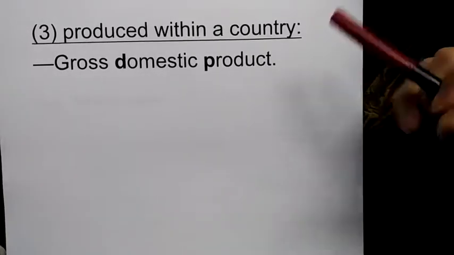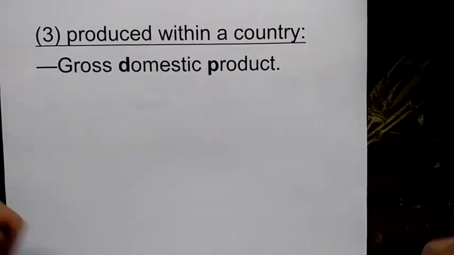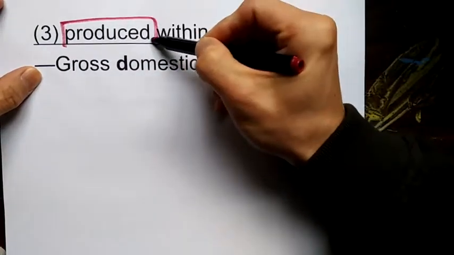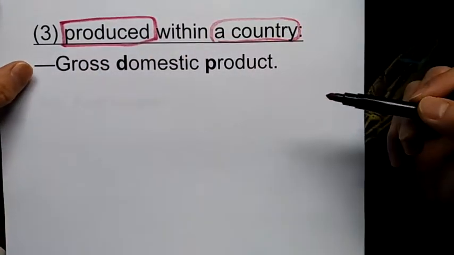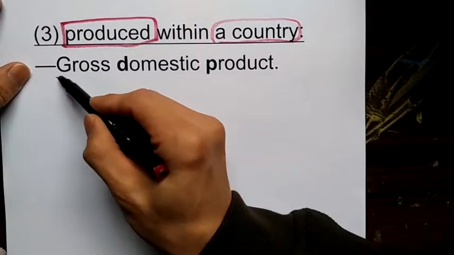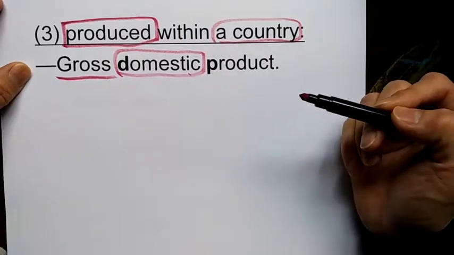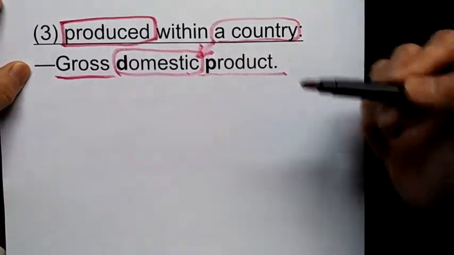The third key point of the definition of nominal GDP is that the goods must be produced within a country. Why? Because it's gross domestic product, so it must be within the domestic country.